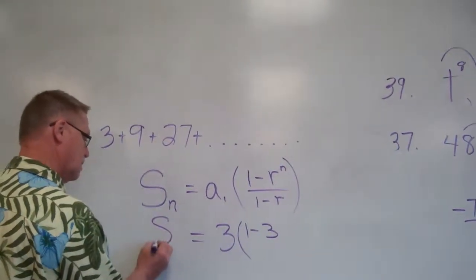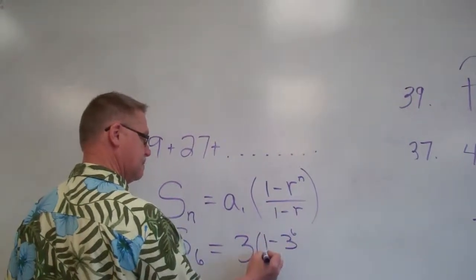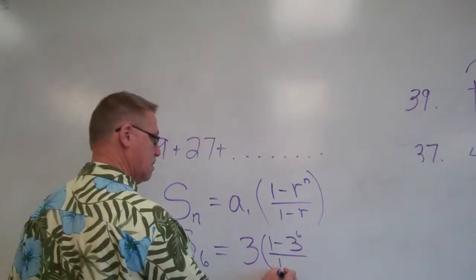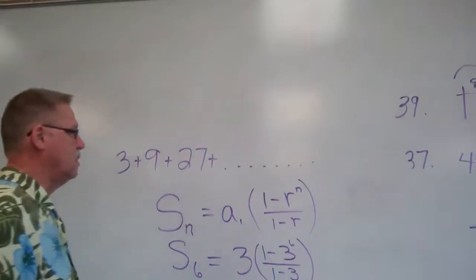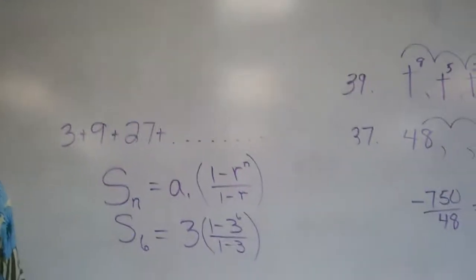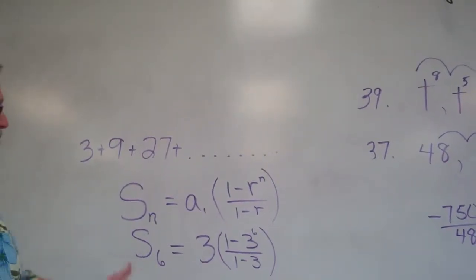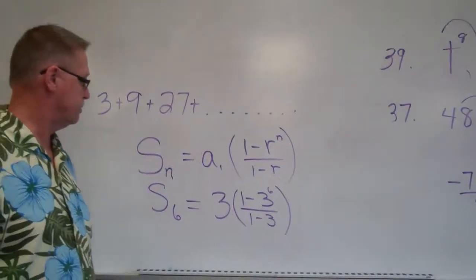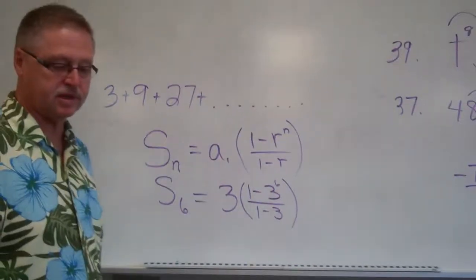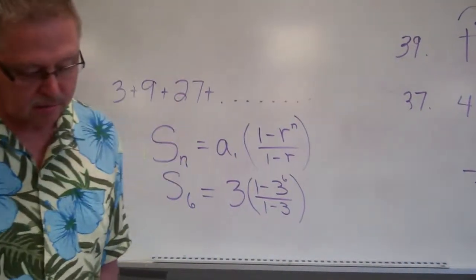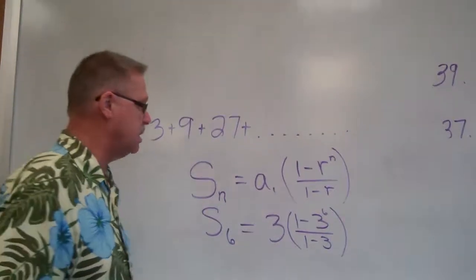So I think I should put a 6 right there. We don't even have to find those next 3. We can just calculate this. That's a nice deal. Tell me if you get what the answer book says. 1092.